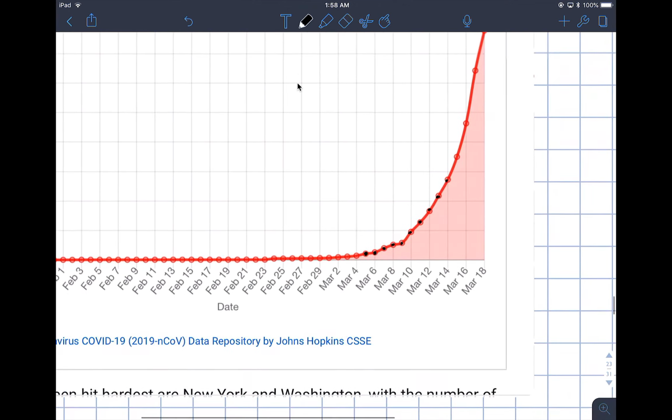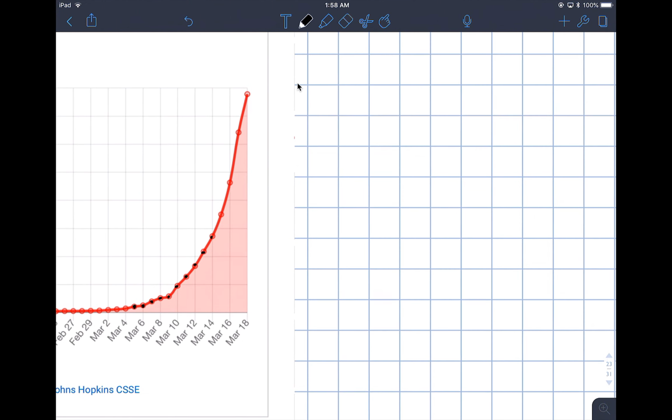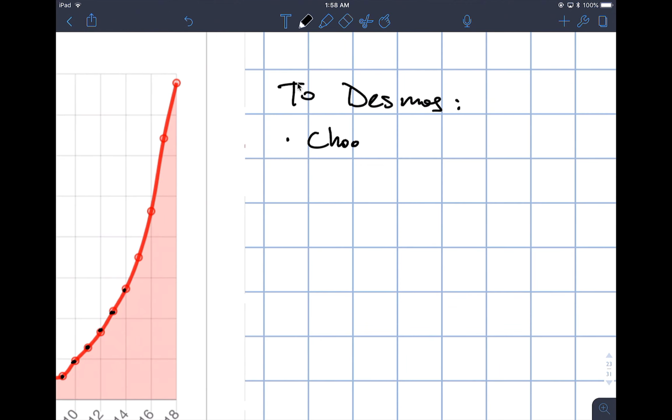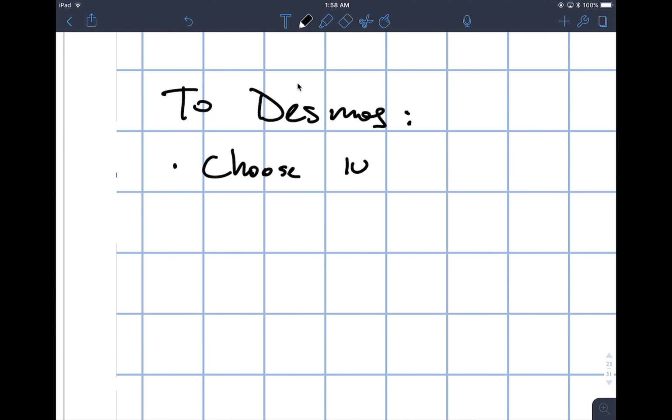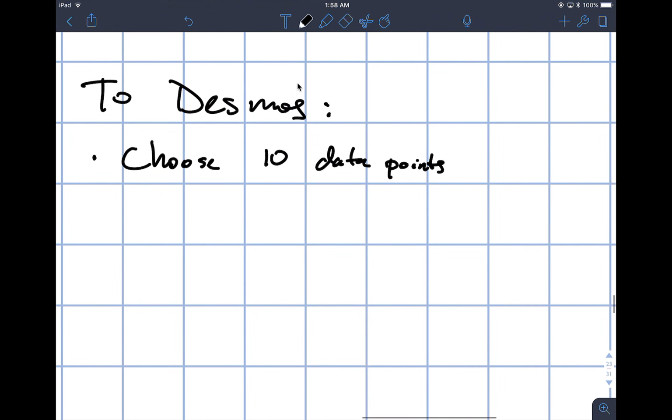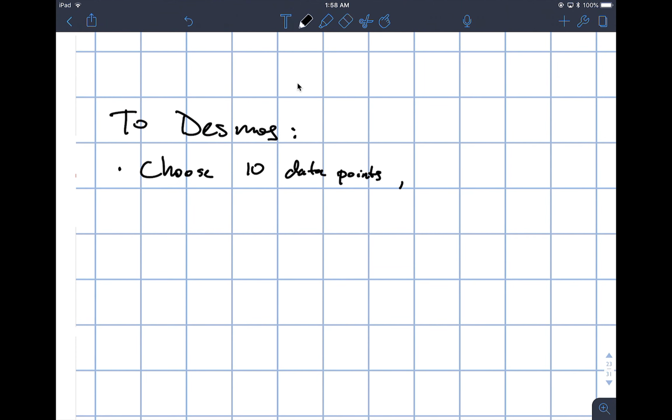So this is what we're gonna do. So we're gonna go to Desmos. And I'm going to choose 10 data points, and then I'm going to create a table.